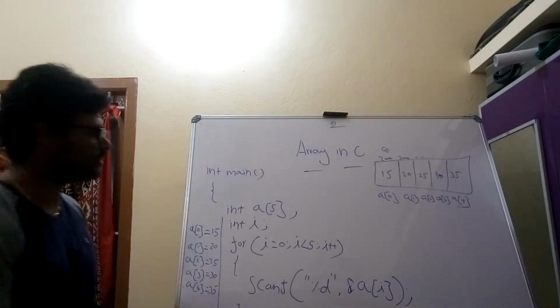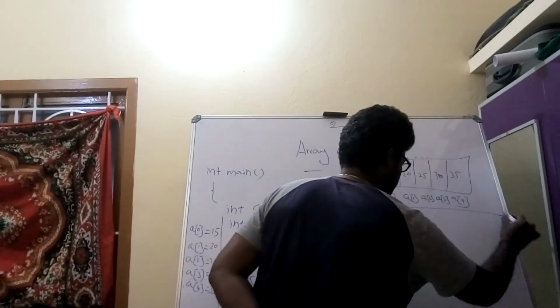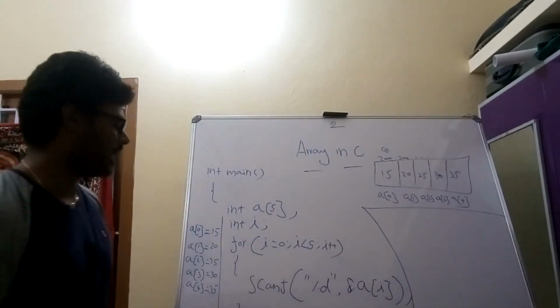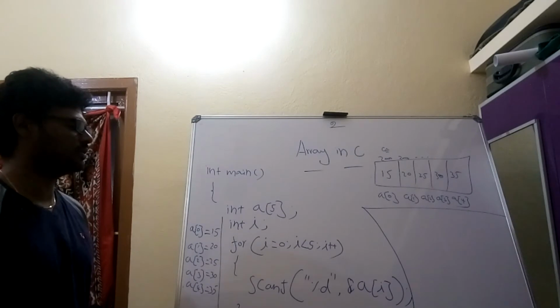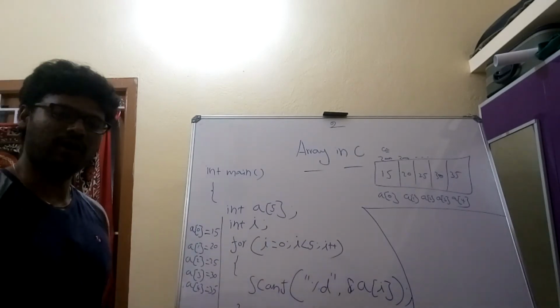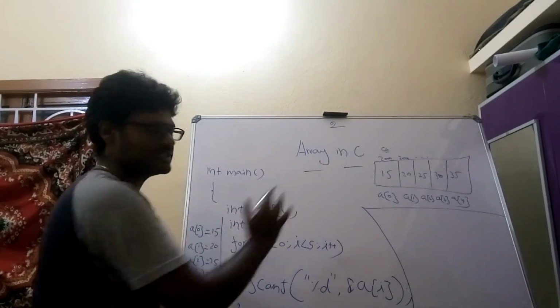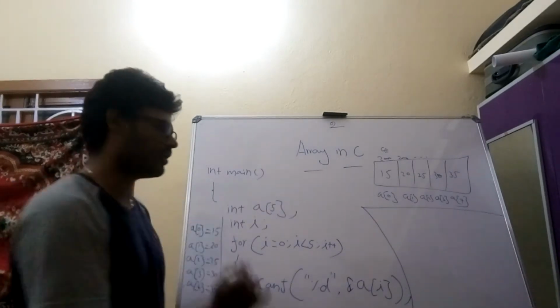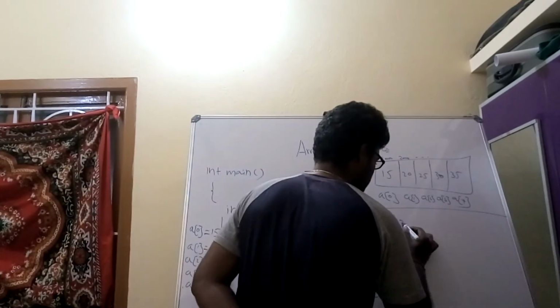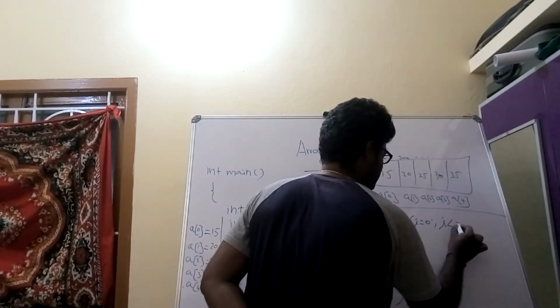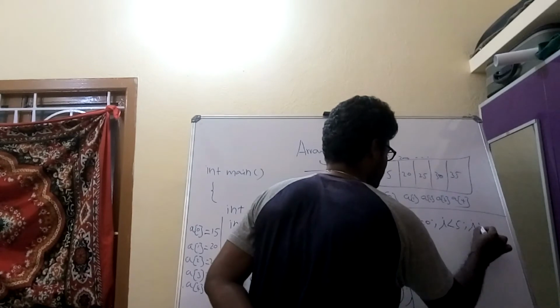In a similar way we can display the array elements also using a for loop. Okay, I am going to display the elements which reside in the array using a for loop: for i equal to 0, i less than 5, i plus plus.